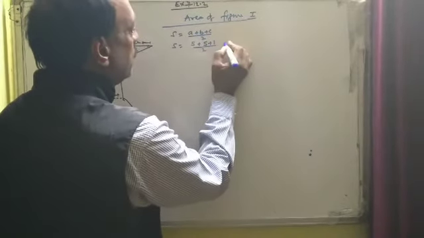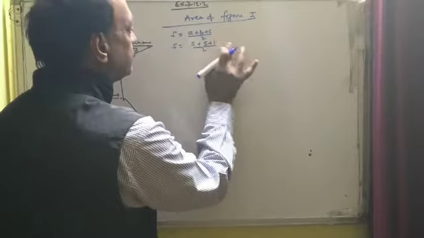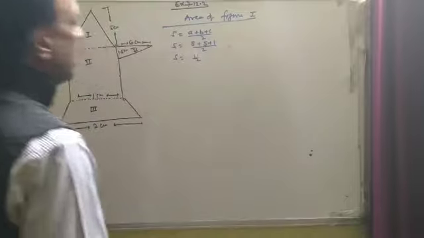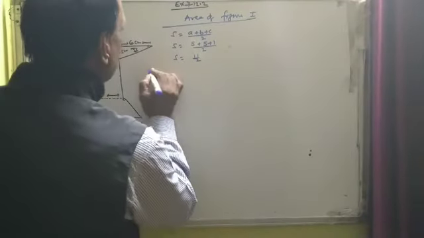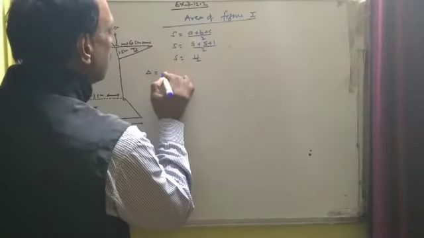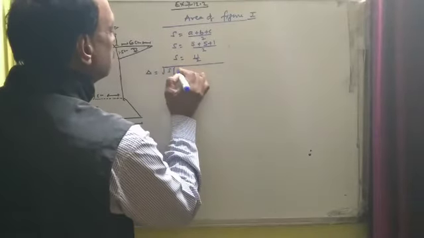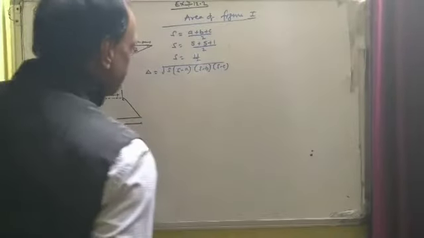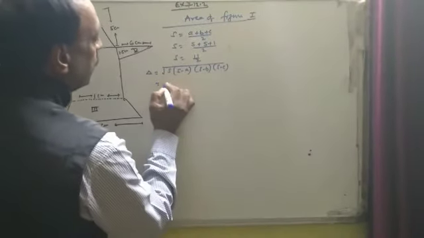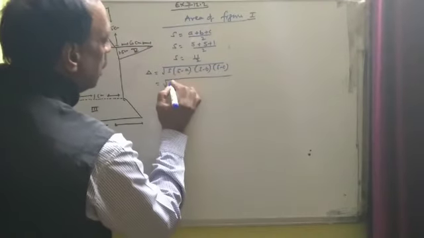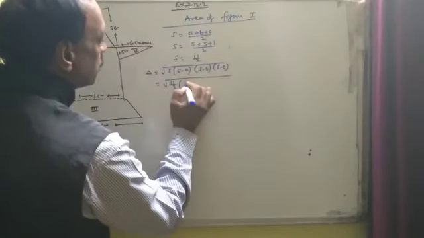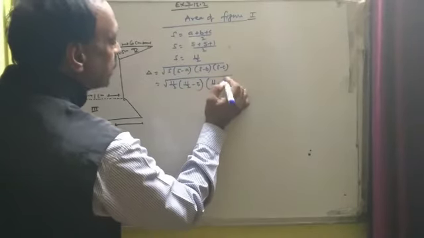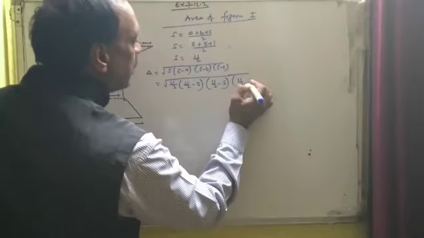After this you will get 11 by 2. So S is 11 by 2 and now the formula of area of triangle is the root of S into (S minus a), (S minus b) and (S minus c). Now we have to put the value here according to the formula. S is 11 by 2, this one is 11 by 2 minus 5, 11 by 2 minus 5 and 11 by 2 minus 1.